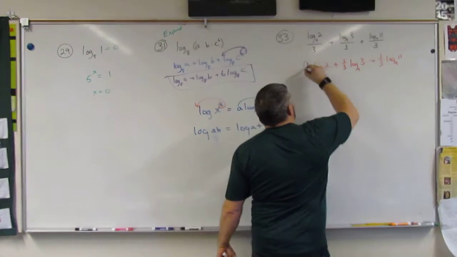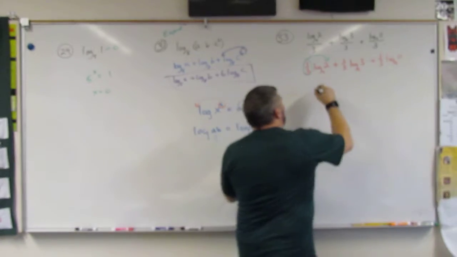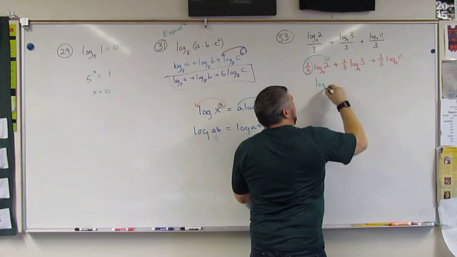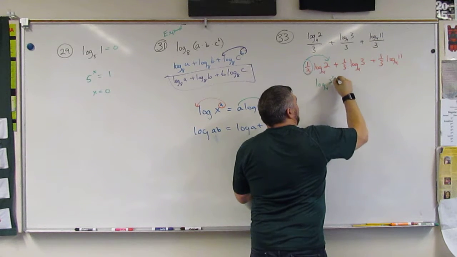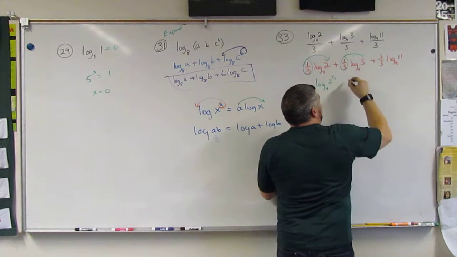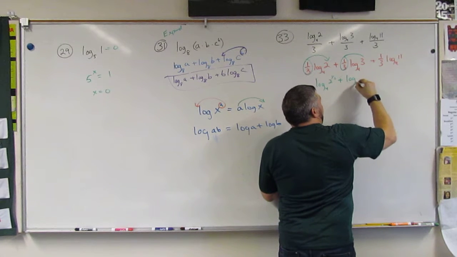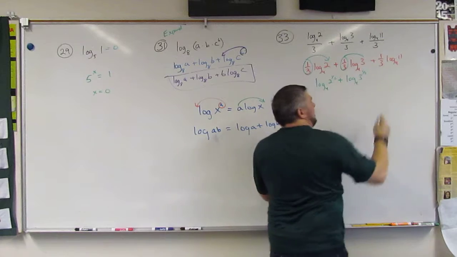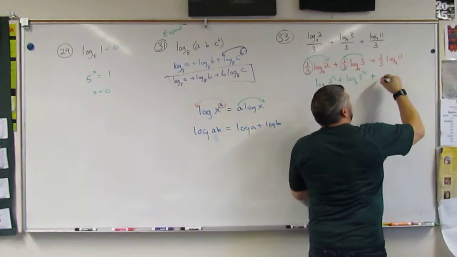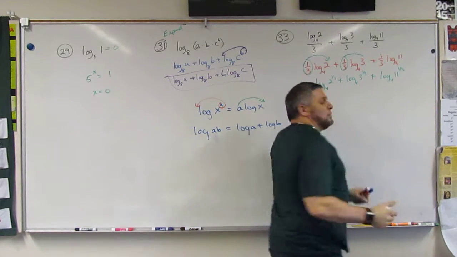So that's really log base 4 of 2 to the 1/3, and this one, same thing, plus log base 4 of 3 to the 1/3, plus log base 4 of 11 to the 1/3.